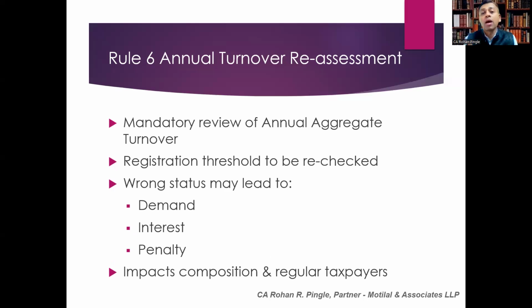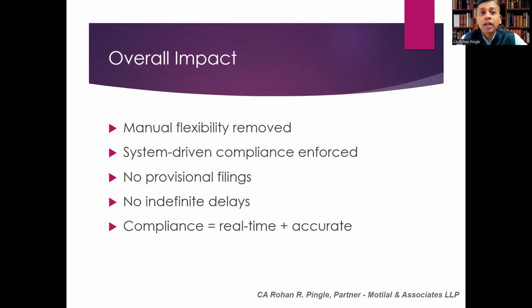Retrospective tax demand. So manual review of annual aggregate turnover is necessary. Registration threshold is to be rechecked. And wrong status may lead to what? Demand, interest, or penalty. So the impact is on composition and regular taxpayers.